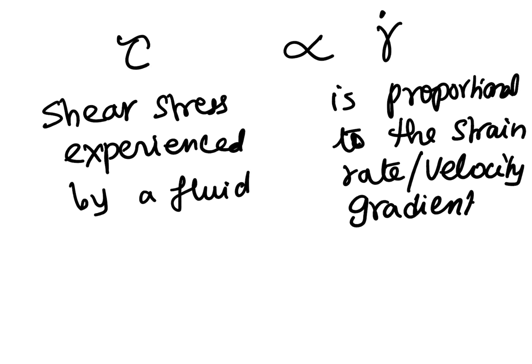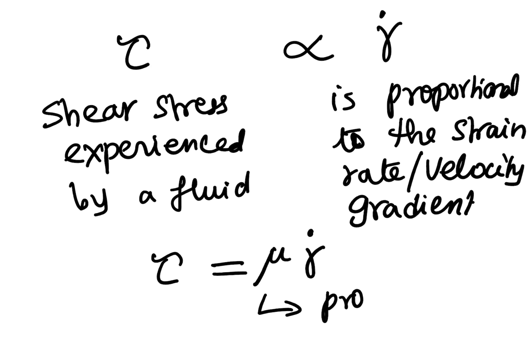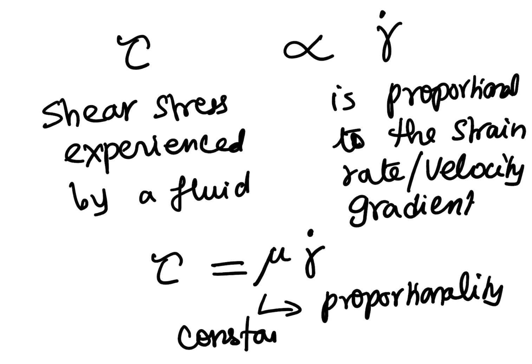Now, I said it's proportional. How exactly? That is, what is the relation between the strain rate and the shear stress for any particular fluid depends on a proportionality constant, which is dependent on material.